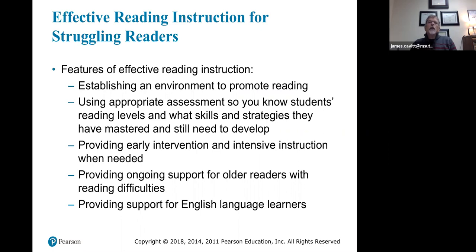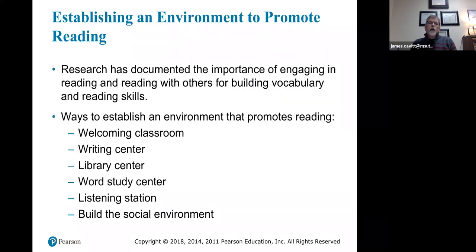Early intervention, intensive instruction, direct instruction, and practice are very important. Your environment should include these things. And this is not just for an elementary classroom. I think it should be for elementary, middle school, and secondary, all three.